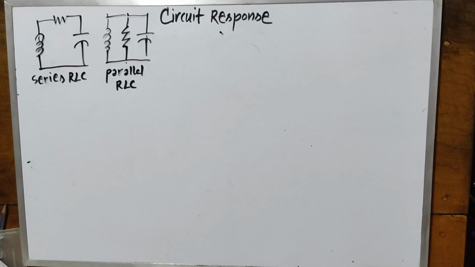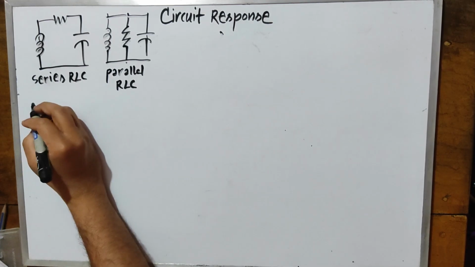In this video I'm going to express those current and voltage responses in amplitude phase form. To do that, I'm going to define the Napier frequency, damping ratio, and everything else.